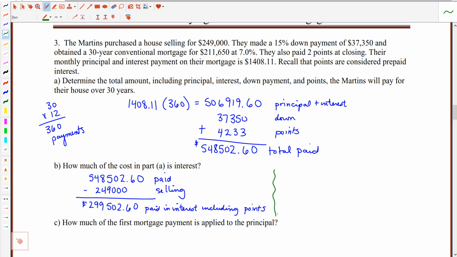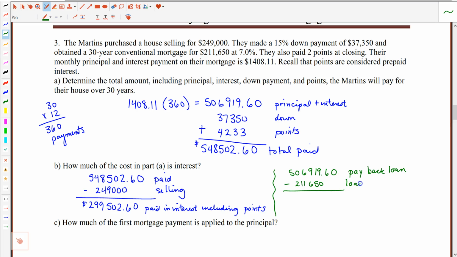Now maybe here is a slightly different way. If we were to look at this amount, this is what we paid out for our loan. So we paid out $506,919.60. Okay, so this is what we paid out to pay back the loan, when the loan was for $211,650.